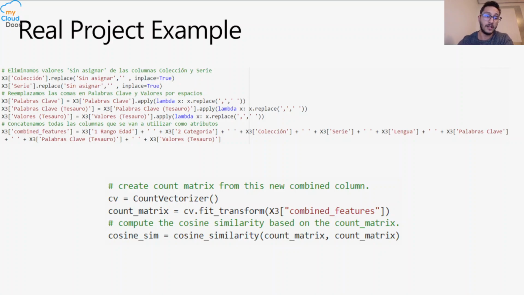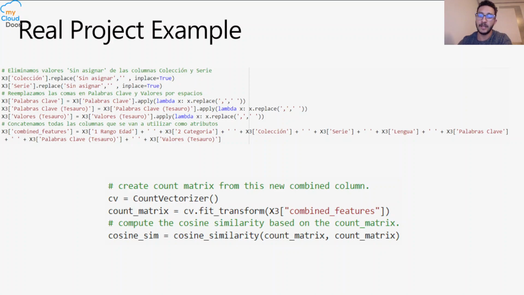So we can see here the soup, or the bag of words we created. We named it combined features. This is the new variable we are creating, and it will contain all the variables or metadata, the content of the books we have. We will put it into one variable.